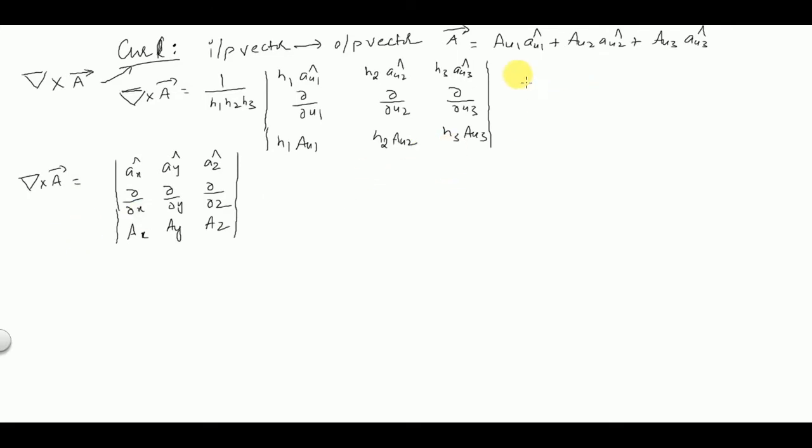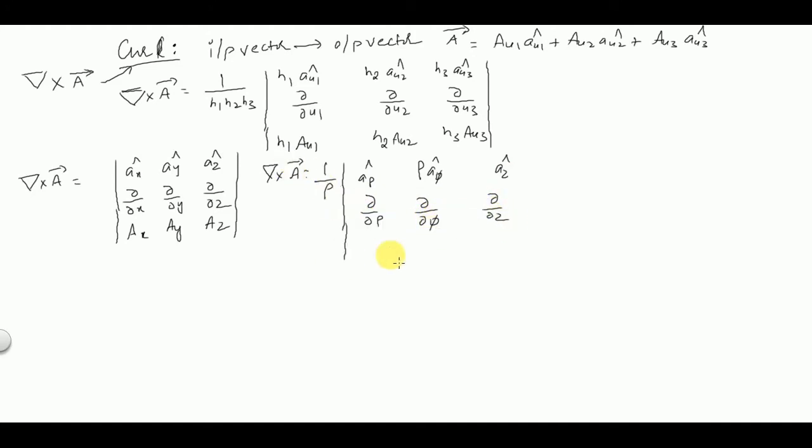Similarly, if you apply it to the cylindrical coordinate system, you'll get del cross A bar is equal to 1 by rho of the determinant with rows a rho cap, rho into a phi cap, because h2 is equal to rho, and az cap. Next is dou by dou rho, dou by dou phi, dou by dou z.